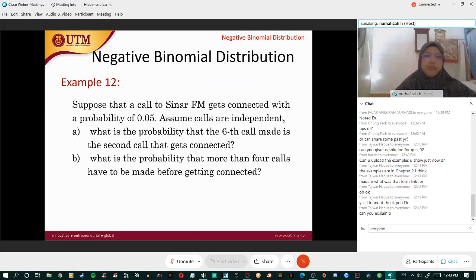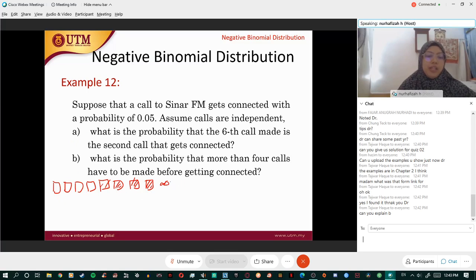Sekejap. Okay, so we have 4 calls, right? 1, 2, 3, 4, 5. The question said, what is the probability that more than 4 calls have to be made before getting connected?